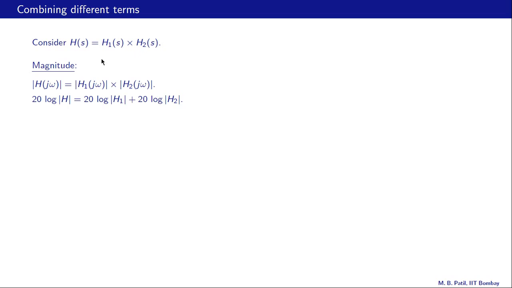Okay, let's consider the magnitude first. The magnitude of h is mod of h1 times mod of h2. Let us now take log of this and multiply by 20. So we get 20 log h is 20 log h1 plus 20 log h2.